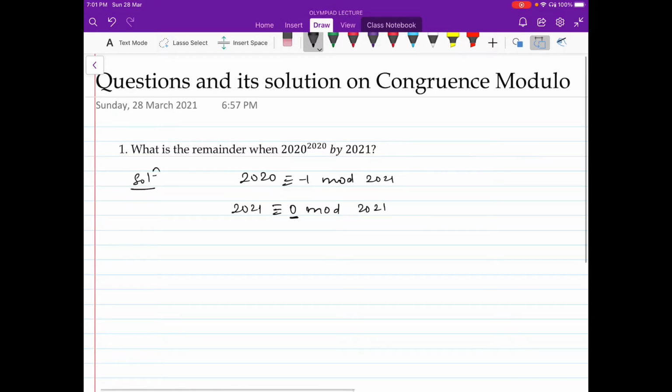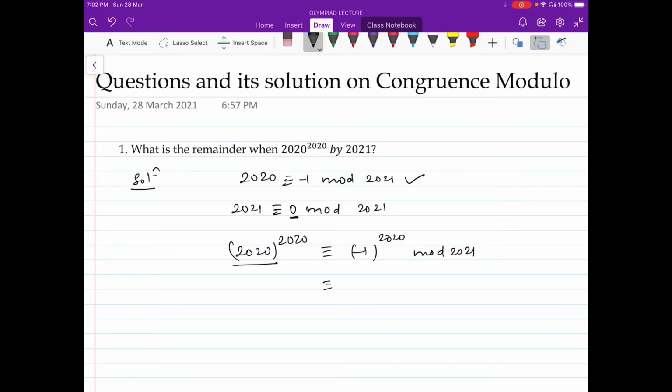So if you take the first equation, 2020 to the power 2020 is congruent to minus 1 raised to the power 2020 mod 2021. It means that dividing 2020 to the power 2020 by 2021 leaves the same remainder as dividing minus 1 to the power 2020 by 2021, as we already discussed in the properties of congruence modulo. Minus 1 to the power of an even number becomes positive.